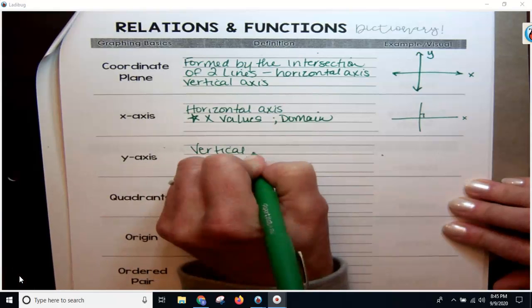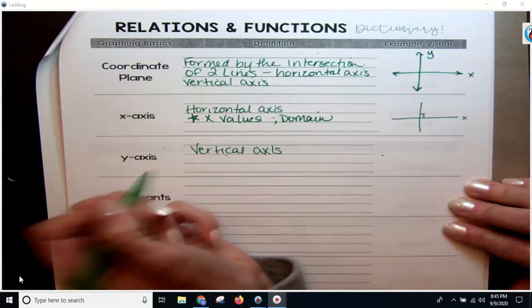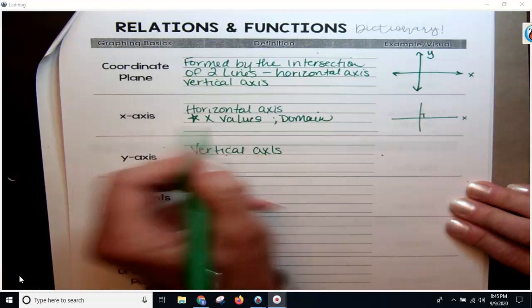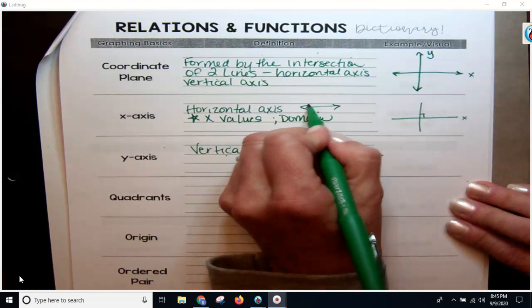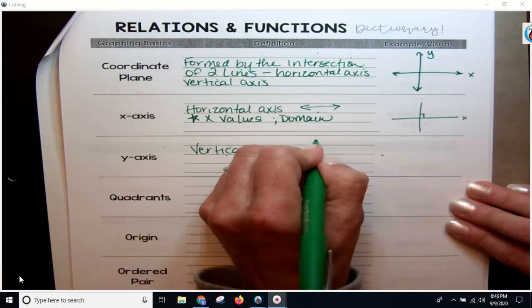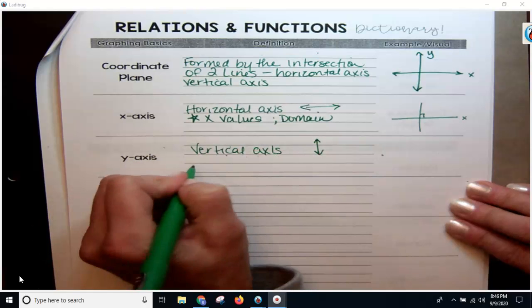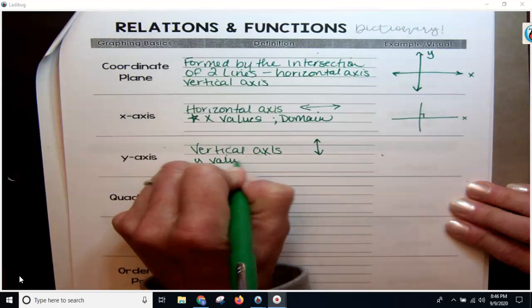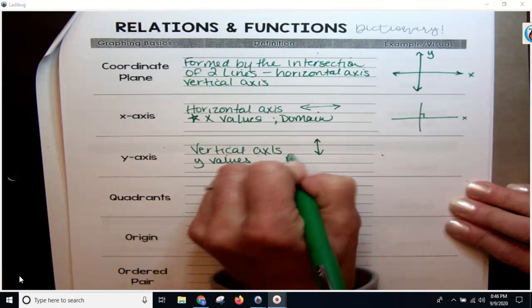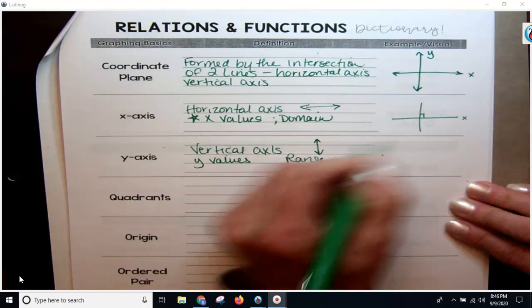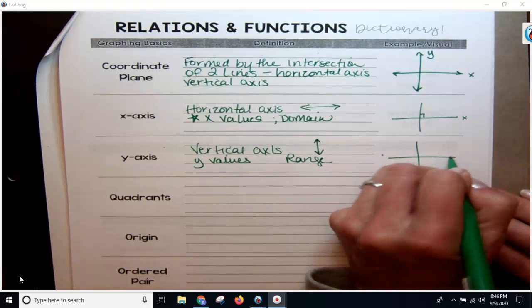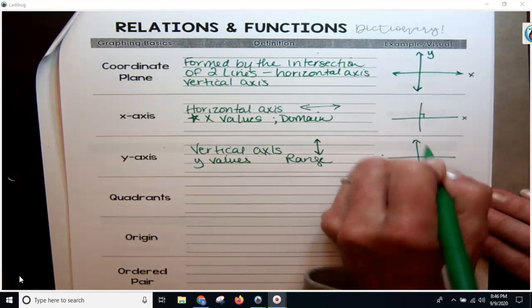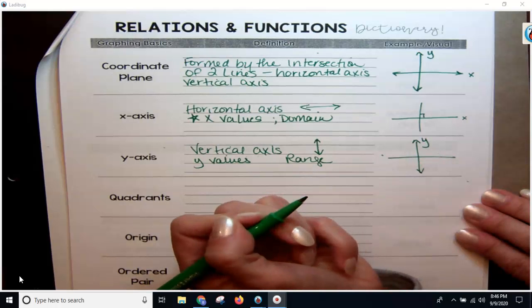And just keep in mind, you need to understand what horizontal and vertical means. Horizontal is side to side. Vertical is up and down. All right, this is your y values. This is where you would find your range. Okay, so on your coordinate plane, that's going to be your y-axis right there.